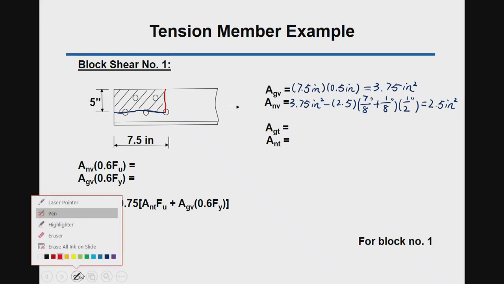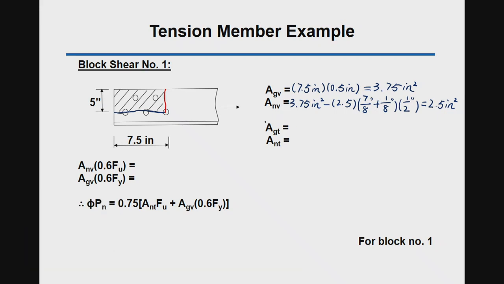So the gross tension area is going to be 5 inches times the thickness, 1/2 inch, equals 2.5 square inches. So the net area is the gross area subtracted by the hole area.